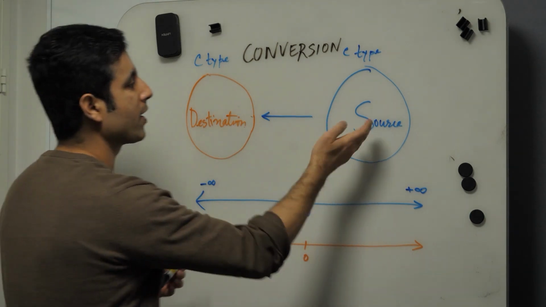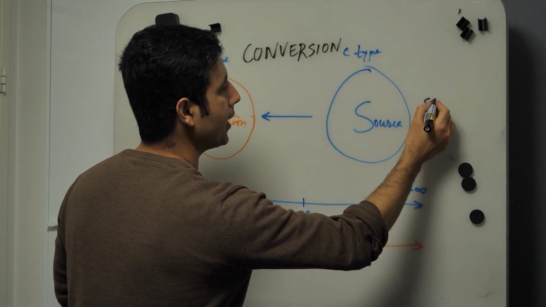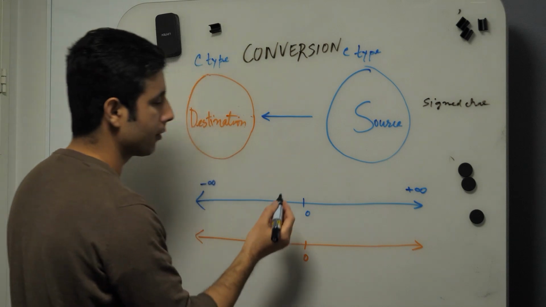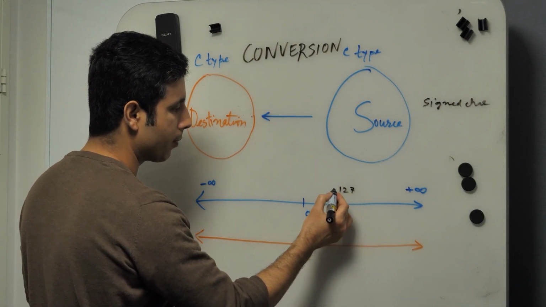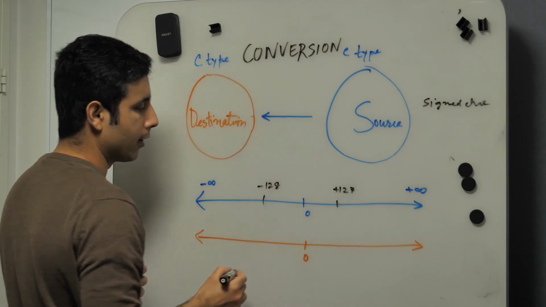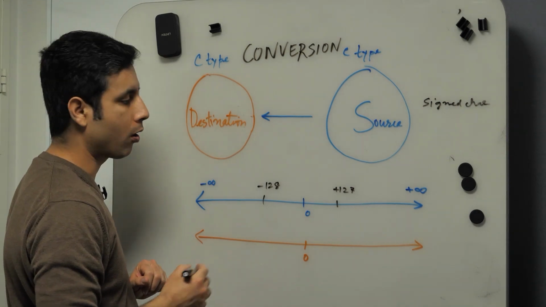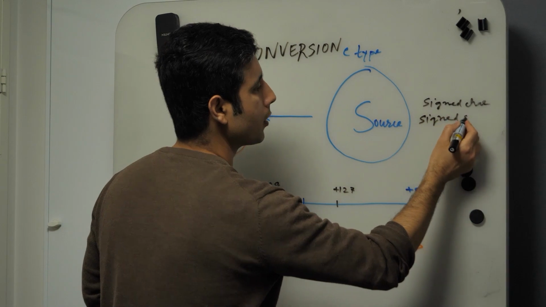Say you have a source, a signed character. Now a signed character ranges from +127 to -128. And the destination is, for example, a short, say signed short.